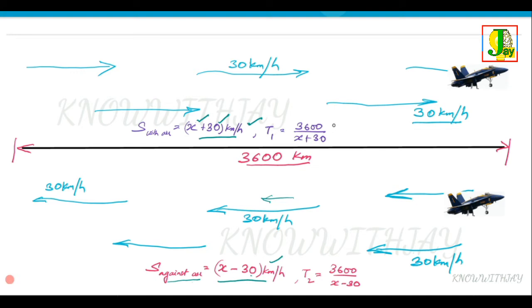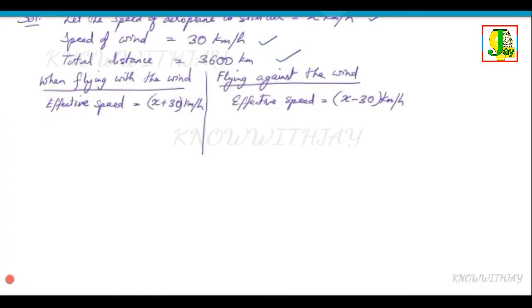Now in the previous case, the time taken will be 3600 divided by x plus 30, and here the time taken will be 3600 divided by x minus 30. Okay, I hope you understood the concept here. So we have two conditions.